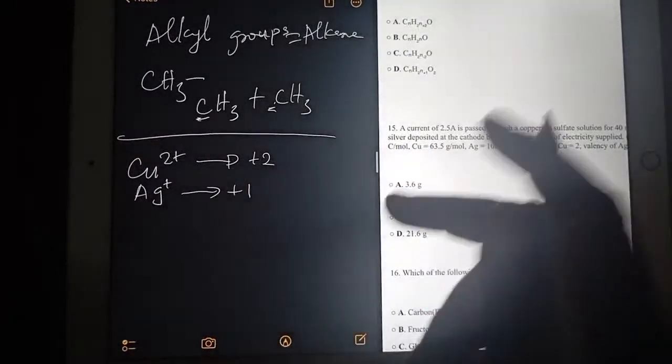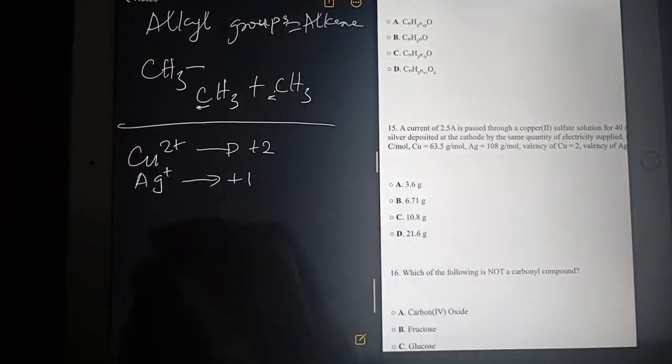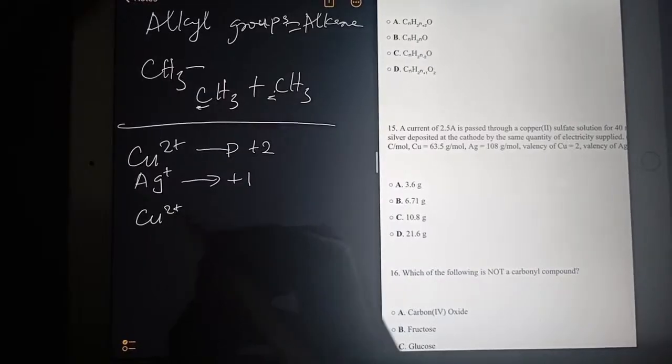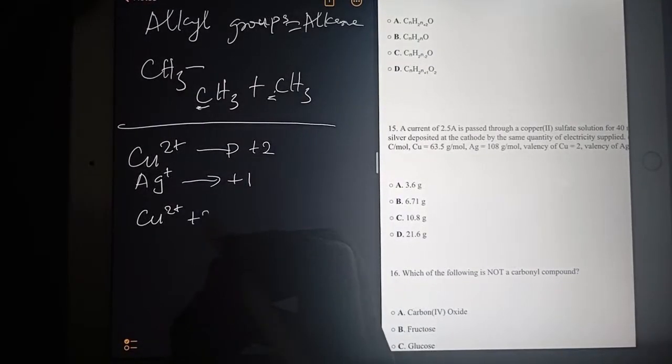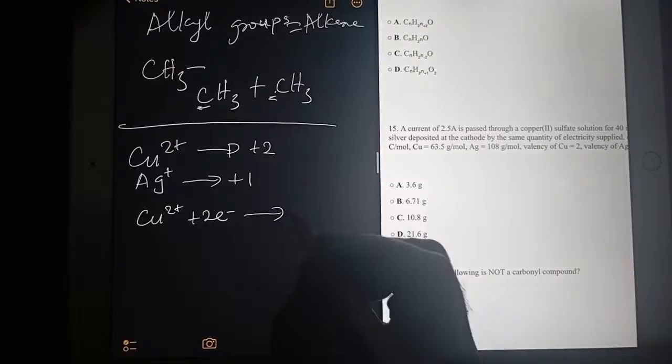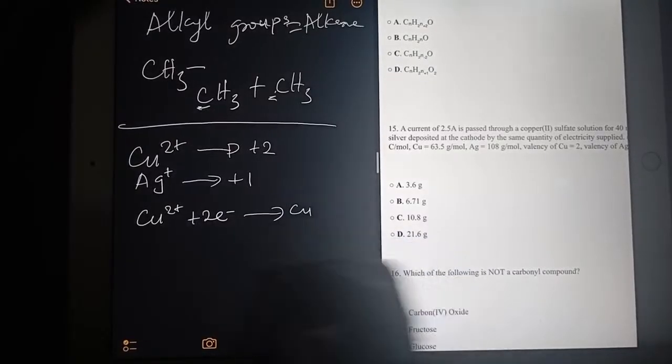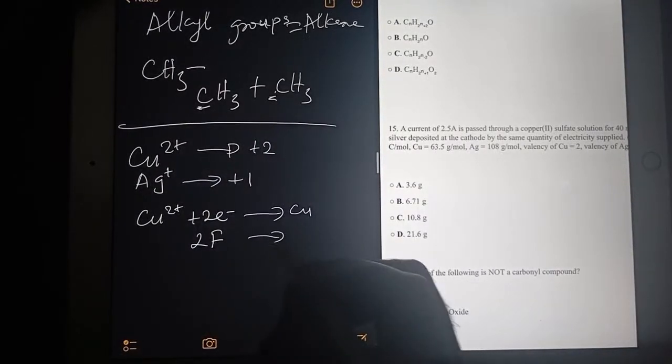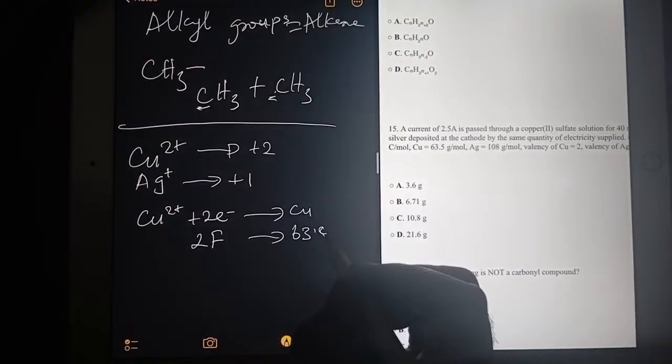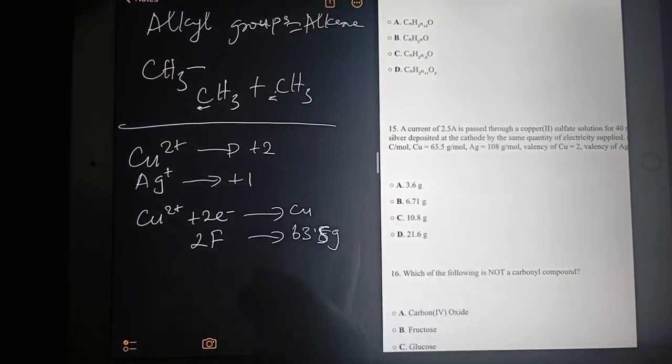First of all, we go with the element given to us. The one they gave us first is copper. So the half cell equation is Cu2+ plus 2 electrons gives Cu. This implies that 2 moles of electron require 2 Faradays to give us 63.5 grams, the molar mass of copper.